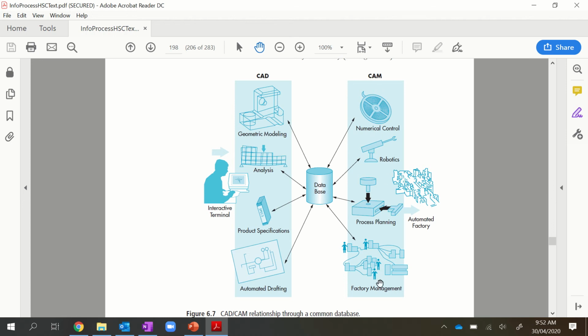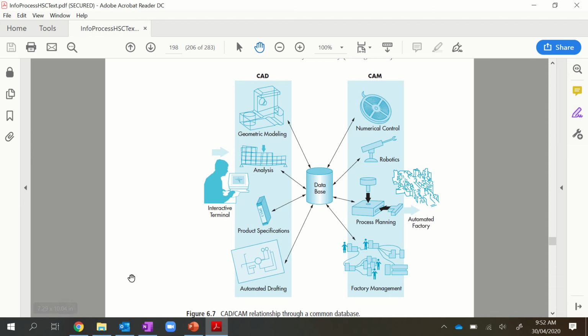These are the things that can happen in regards to each of these. So for geometrical modeling, we might be actually doing some sort of construction or something like that, or even say a robot is doing that.